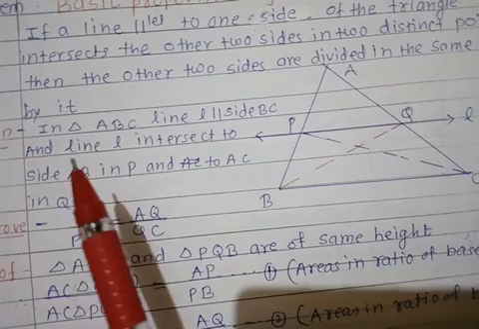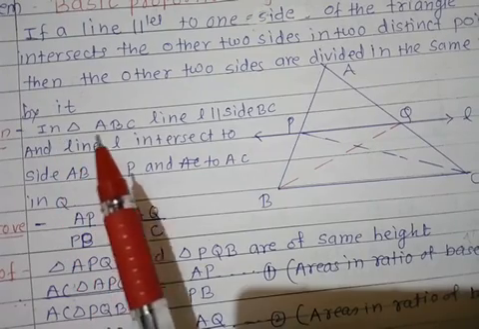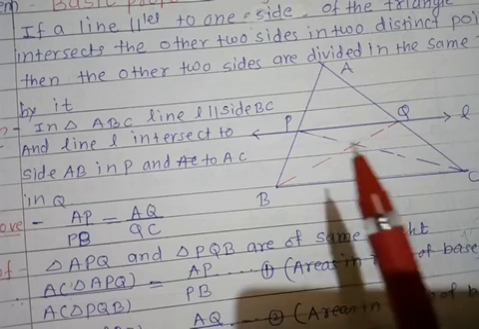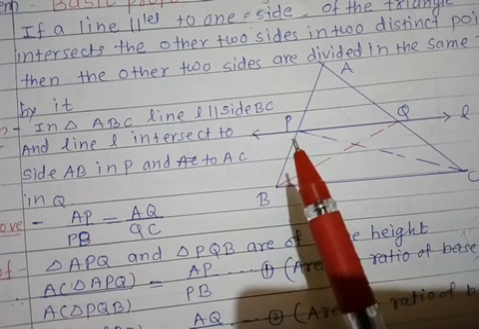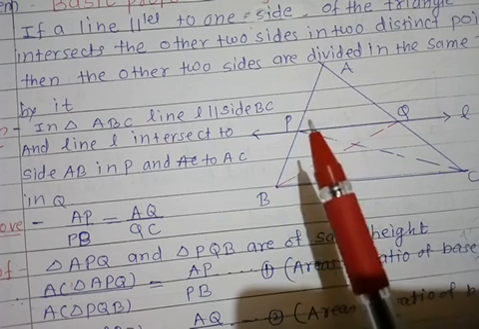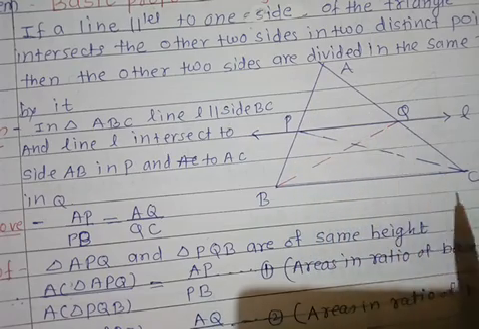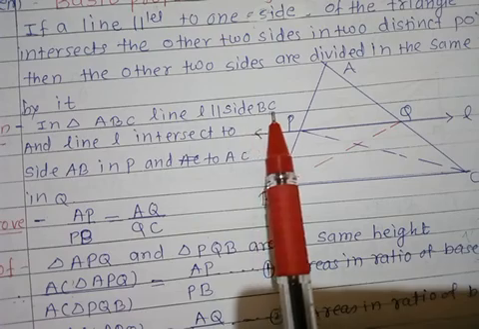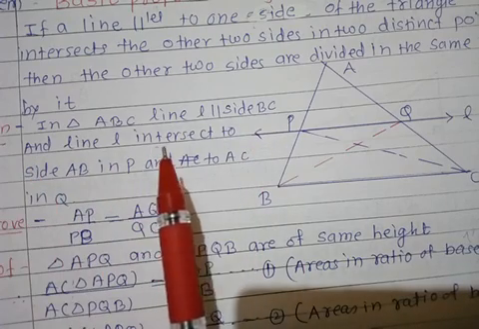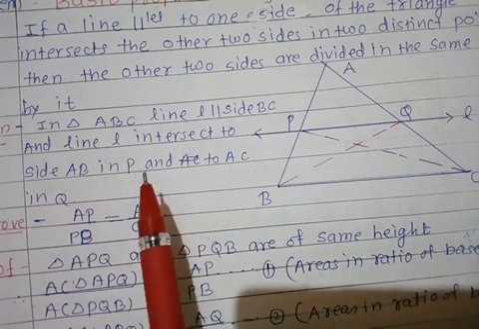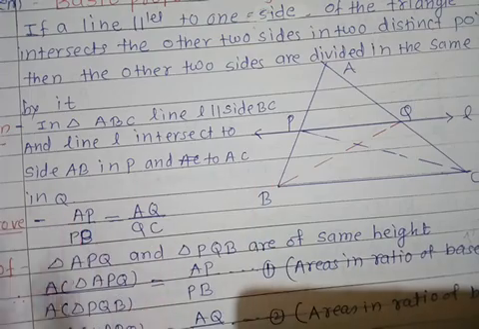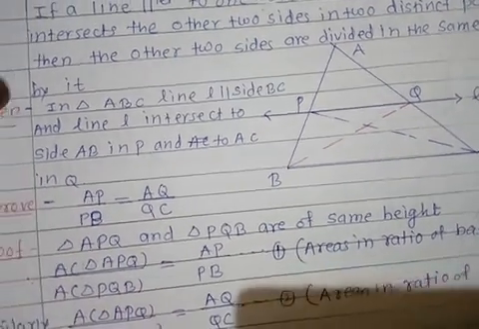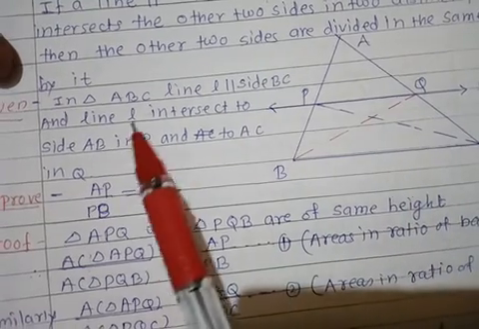First, given: what will we write there? In triangle ABC, line L is parallel to BC, and line L intersects AB at point P and AC at point Q. Only by observing the figure, you have to write the given.